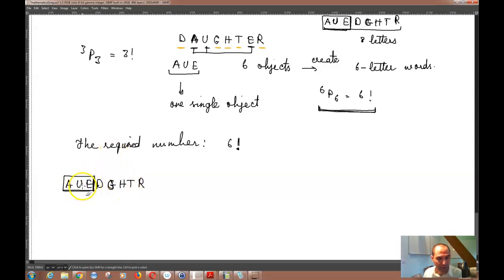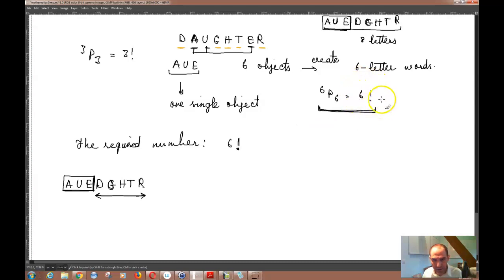So that means we calculated all of the permutations related to such words, treating these 3 vowels as just one object and then rearranging these letters in all the possible ways.